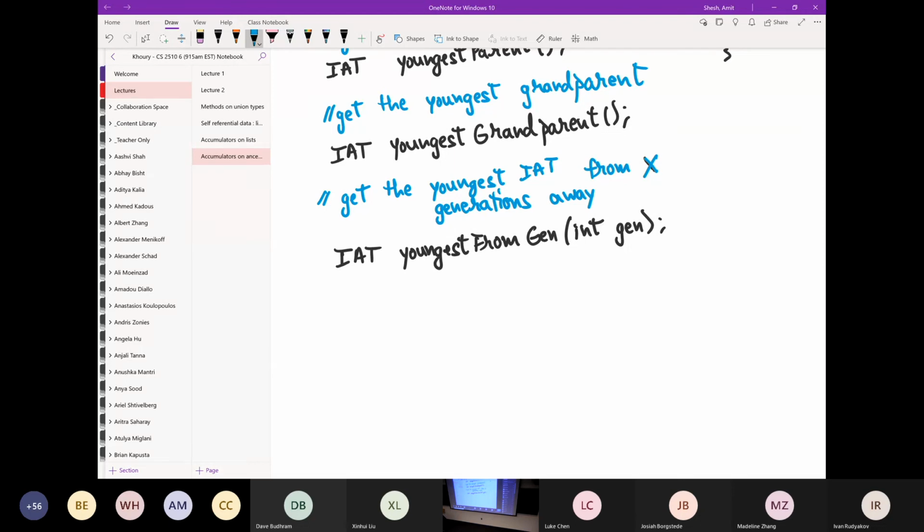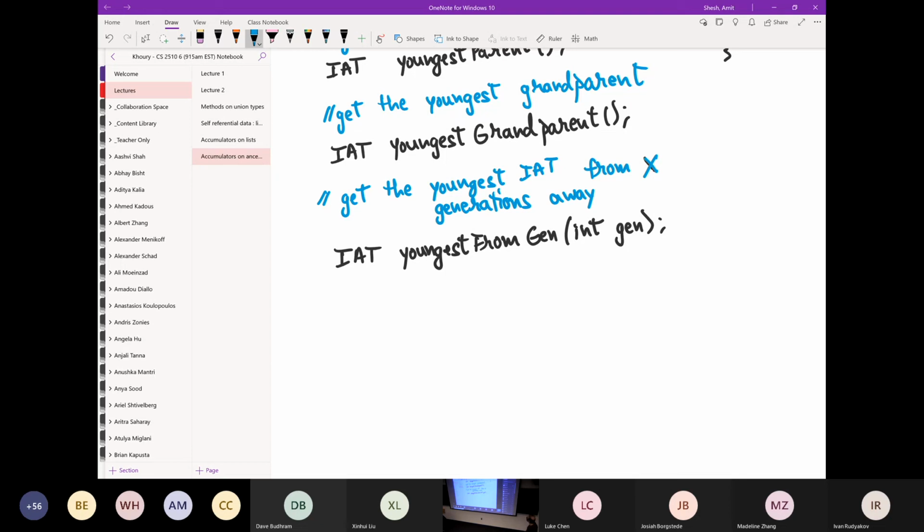It's hard to explain in English, but we subtract, do the next youngest from Gen for the mom and the dad, and then do the dot younger of both. Okay. There is a way to say that in English that, at least to my ears, is clearer. You're on the right track. You're not wrong. Somebody else want to articulate more clearly how to tackle this?